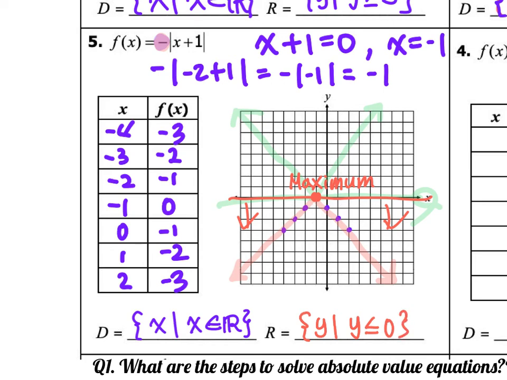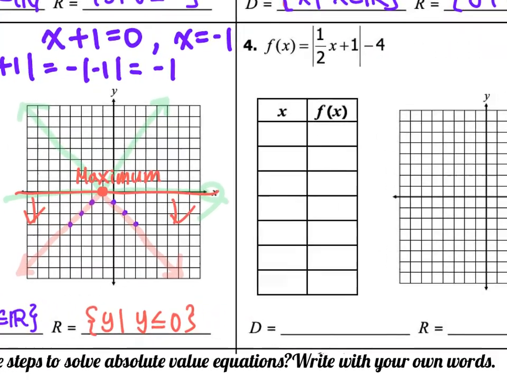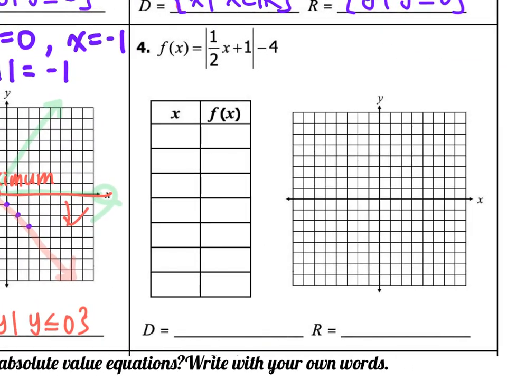All right, now let's move on to the next one, number 4. What's inside of that absolute value is 1/2 x plus 1 equals 0. Solving for x, x equals negative 1 times 2, which is negative 2.